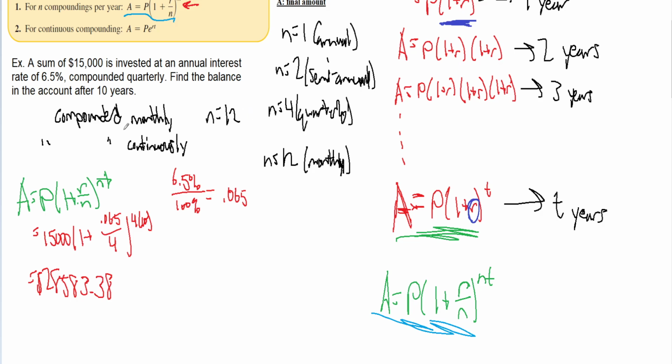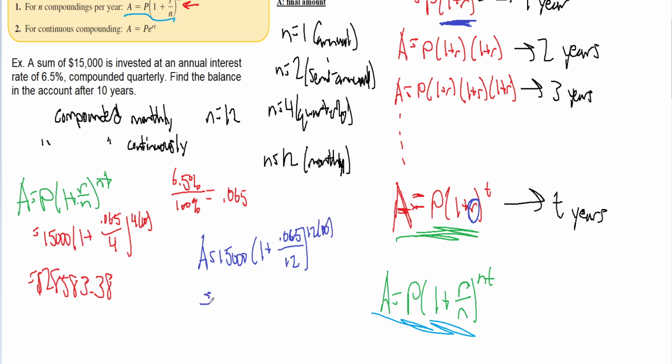But let's say instead we wanted to compound monthly. In this scenario, n is equal to 12. So we do the exact same substitution, except now n is equal to 12. So we have 0.065 divided by 12, raised to the 12 times 10.